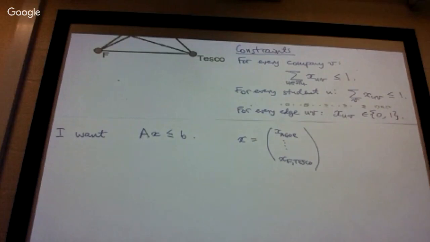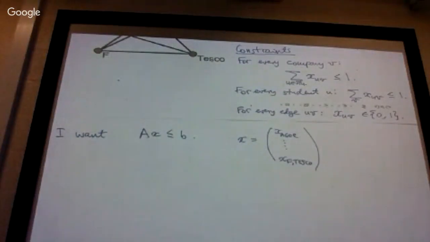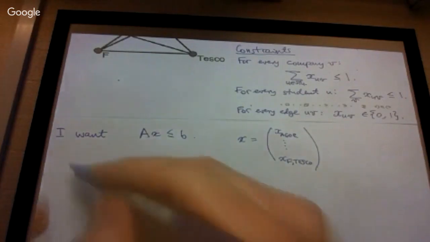In the matrix A, every row will correspond to one of the constraints.